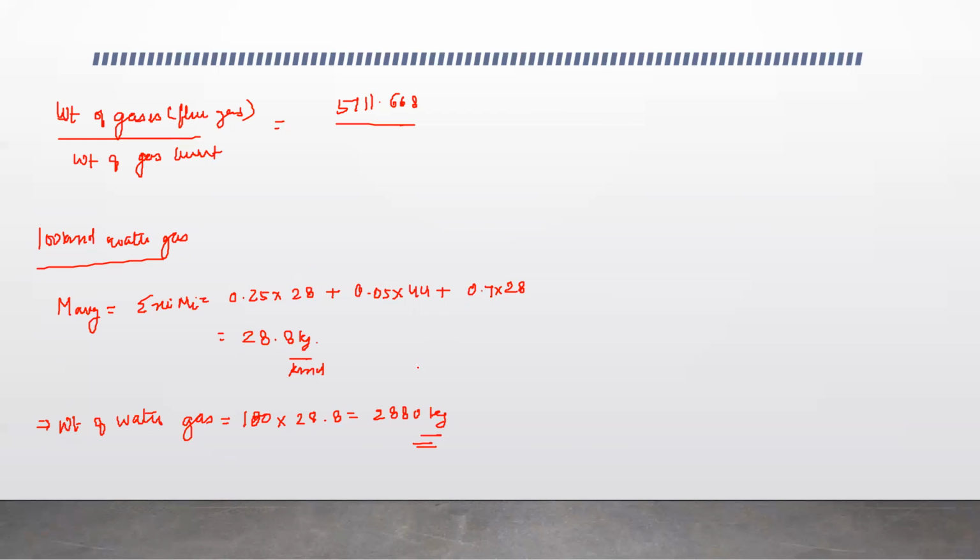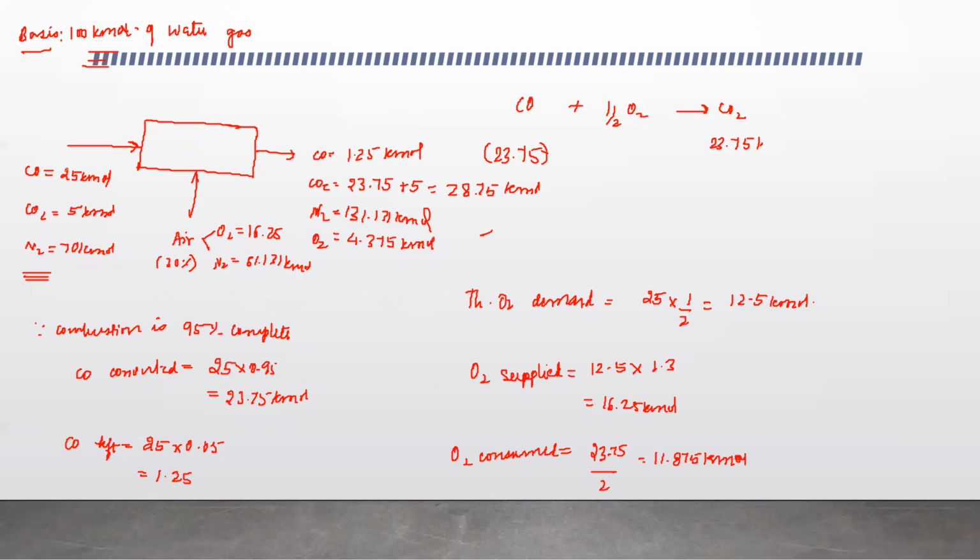Over here we have calculated the average molecular weight, but what else we could do is, we already know that these many kilomoles of carbon monoxide, carbon dioxide, and nitrogen are present. So we could have individually multiplied these moles by their molecular weights: 25 into the molecular weight of carbon monoxide, plus 5 into that of carbon dioxide, plus 70 into that of nitrogen.